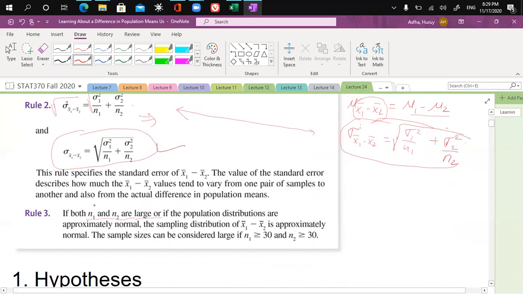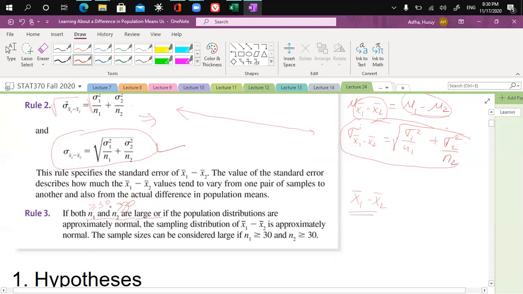Remember, large means both of them have to be greater than or equal to 30. If this condition is satisfied, then the distribution of x bar 1 minus x bar 2 is approximately normal, with this mean and this standard deviation.